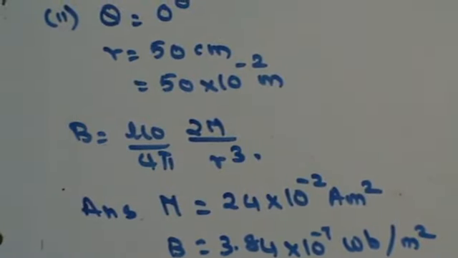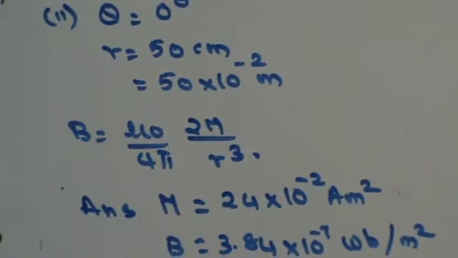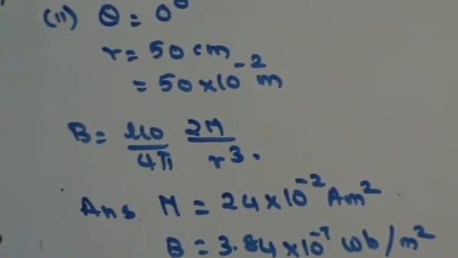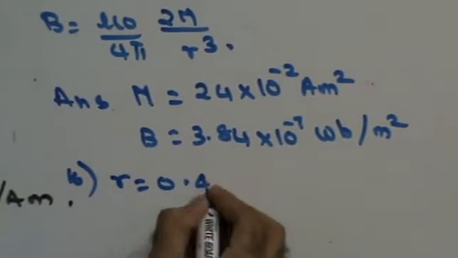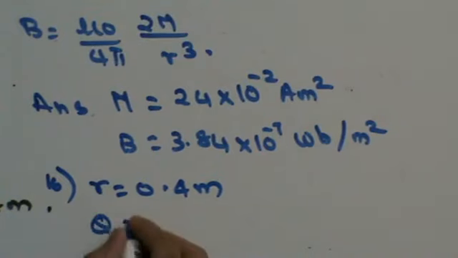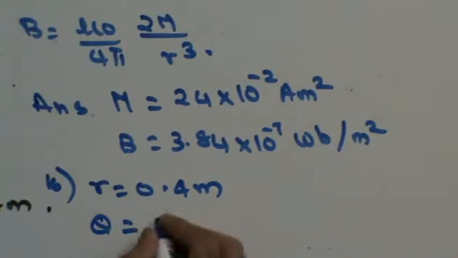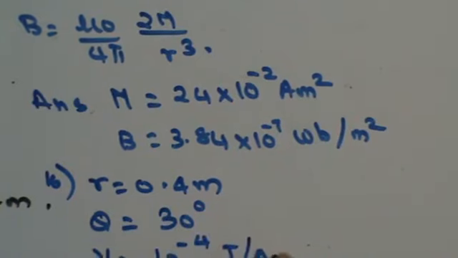The magnetic potential at 0.4 meters and at an angle of 30 degrees with the axis is 10 raised to minus 4 joules per ampere meter.